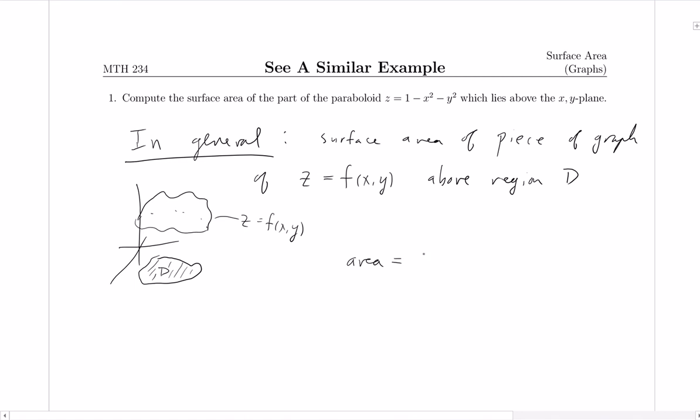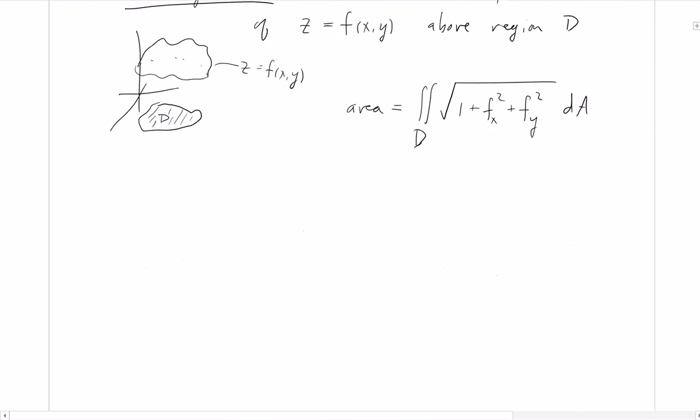Then the general formula is this: you integrate over the region D the following function: the square root of 1 plus the x derivative of f squared plus the y derivative of f squared. And this will give you the surface area. So this is what we'll be using in this problem.